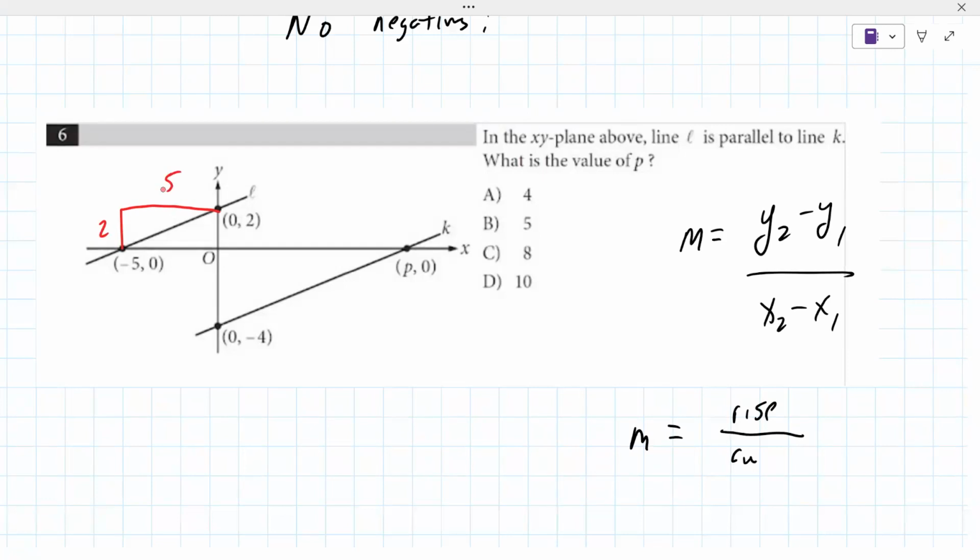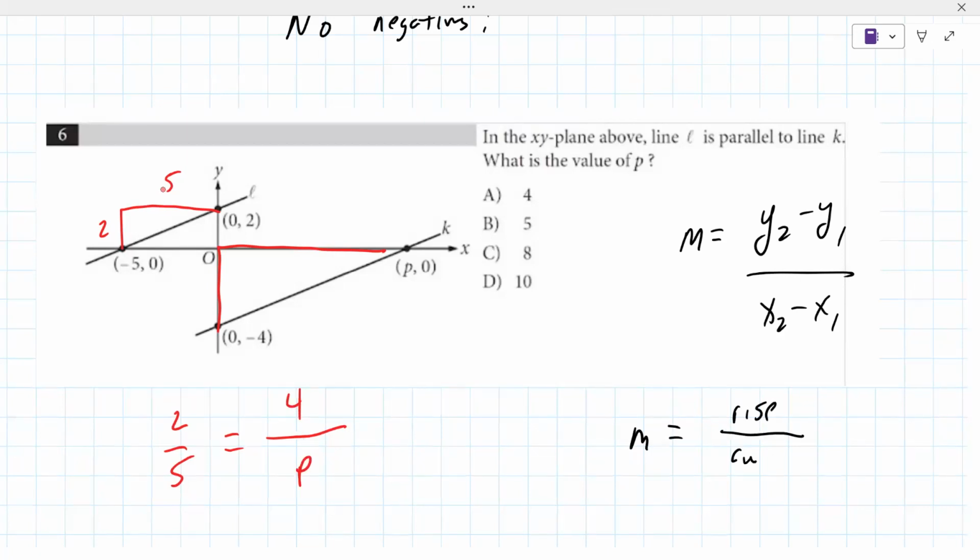2/5. Okay. So what is the rise over the run in the second one? 4/e. Yeah.